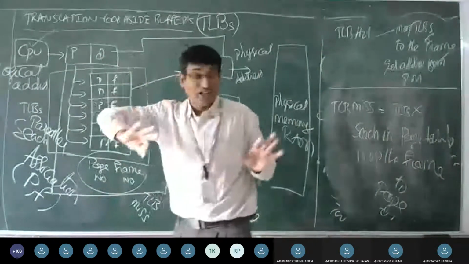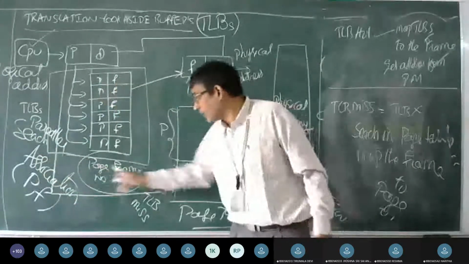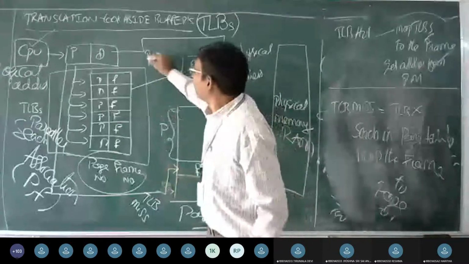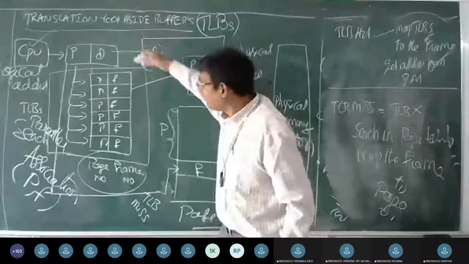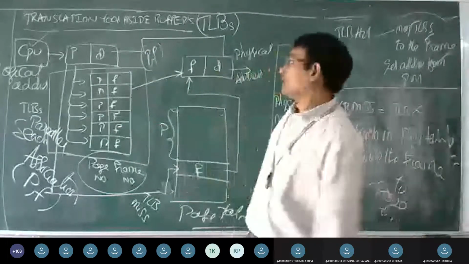That was the advantage of using the associative memory and making a pairing between page number and frame number. So the page is going to be searched in parallel. Next one.